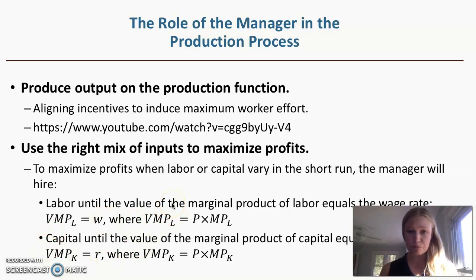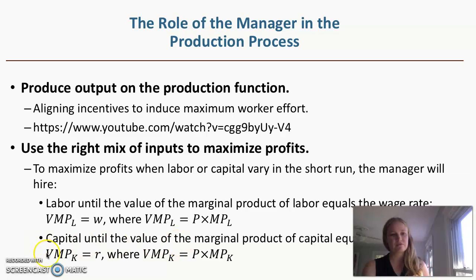It just gives away the punchline, and the punchline is, you hire labor until the value of the marginal product of labor equals the wage rate. Value marginal product of labor equals the wage rate, or value marginal product of labor equals price times MPL. Also the same thing for capital: value marginal product of capital equals R, which is the rental rate.